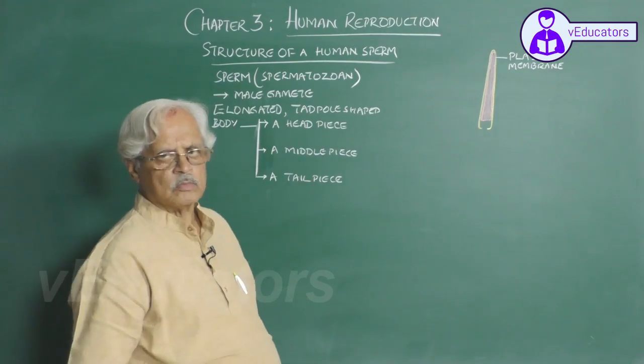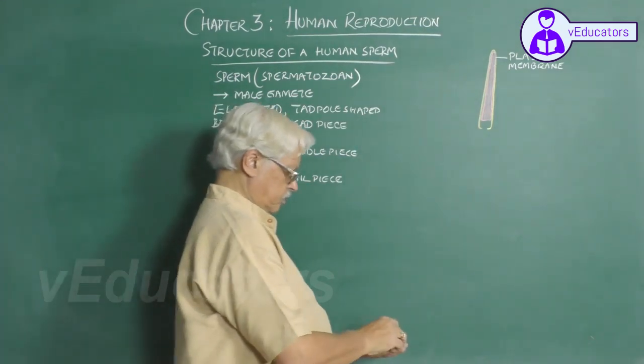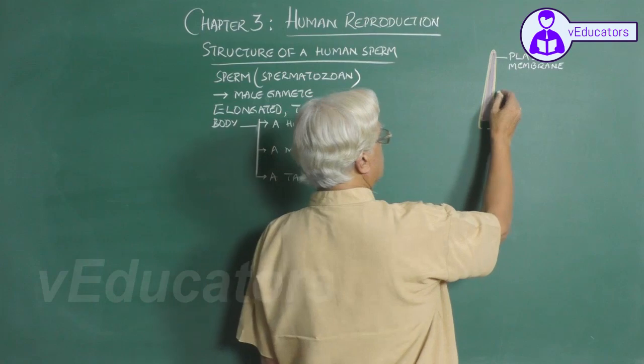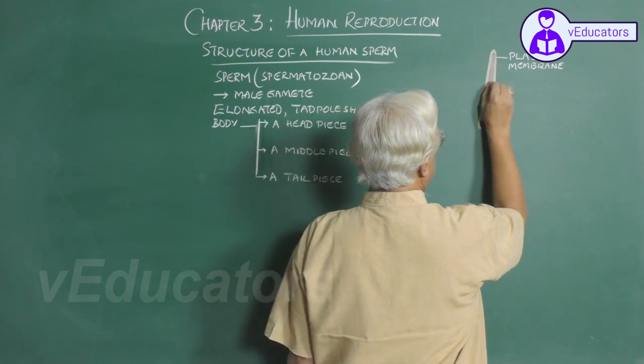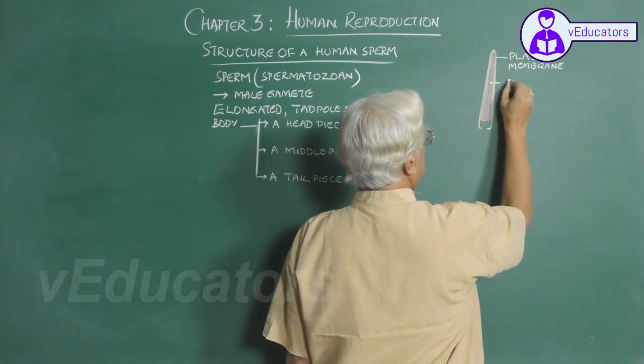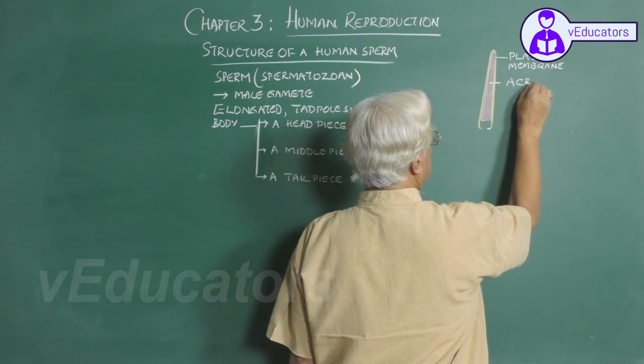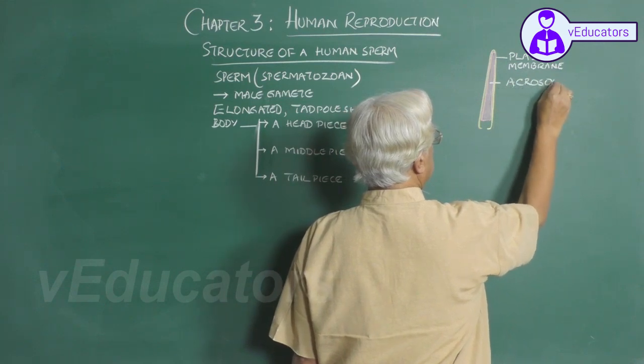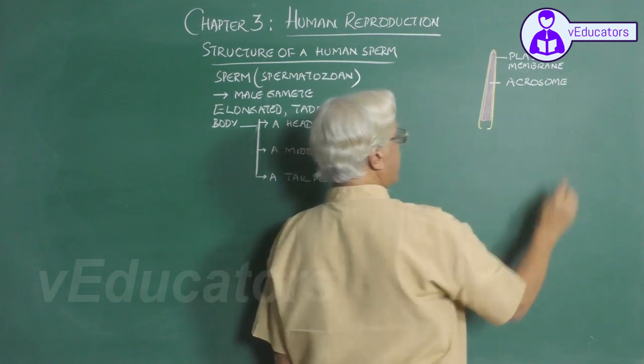One is an elongated cap-like structure that occupies a major portion of the headpiece. It is called acrosome.